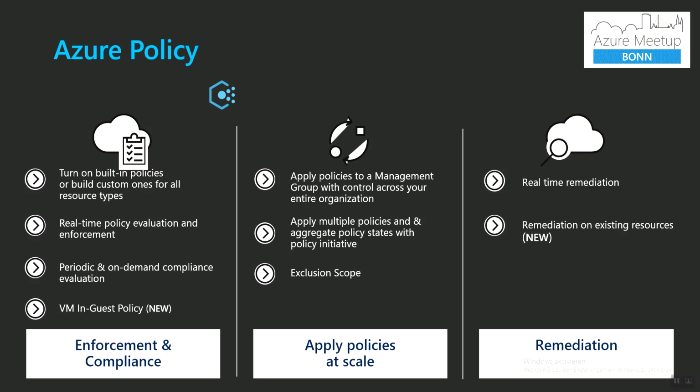The really important thing is that with Azure Policy, you can define guardrails for your environment at different scopes. You have two options with Azure Policy. You can say, I will monitor my environment.